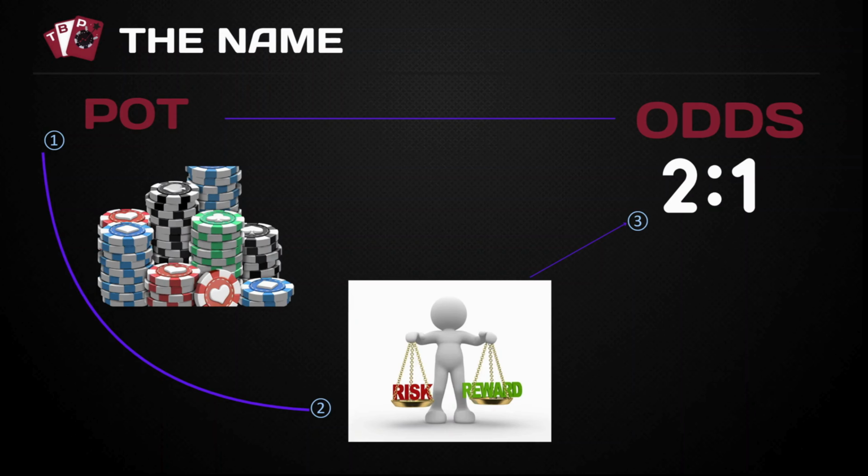Starting at point 1. The pot in poker simply represents all the chips or money all players have put into it. To get a chance to win this overall pot, we have to individually contribute the amount we have to call from the last player who was betting or raising.